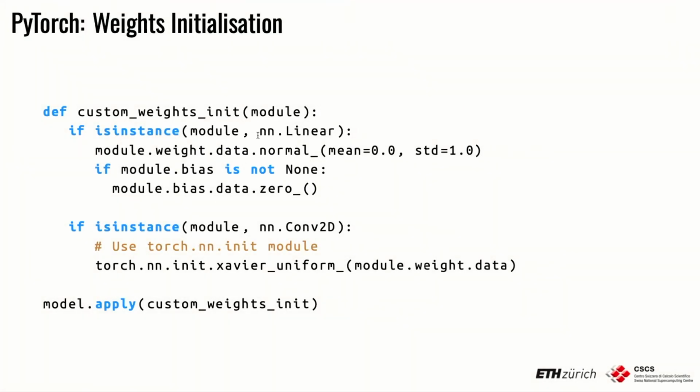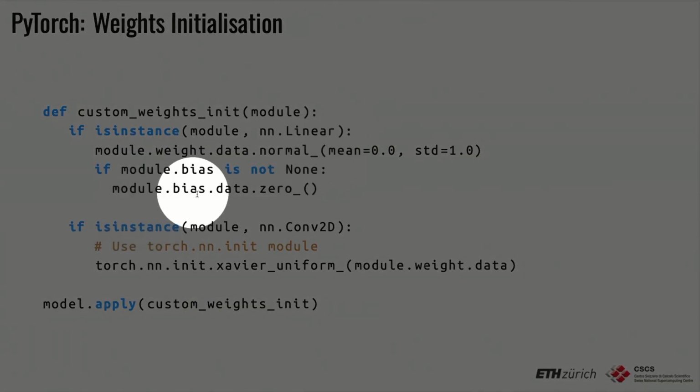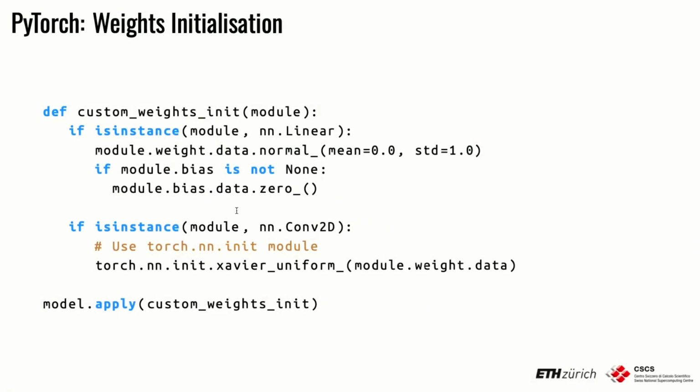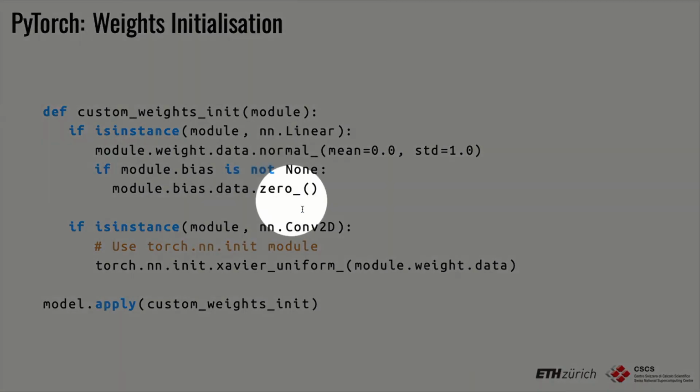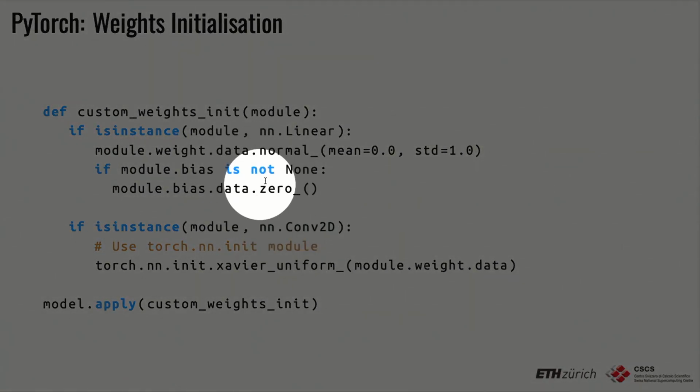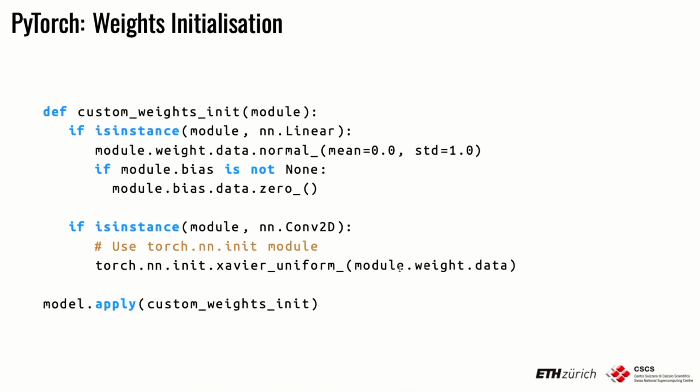It's the same thing for the bias: you do module.bias.data and you access the tensor that represents the bias unit in your linear model, and then you can do .zero_, which is a zero function of the tensor that modifies the tensor in place.